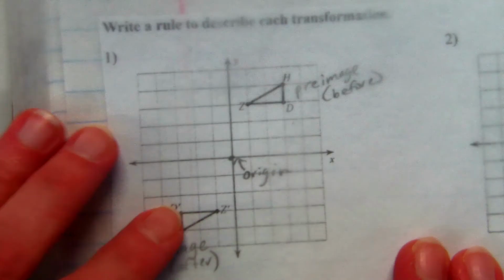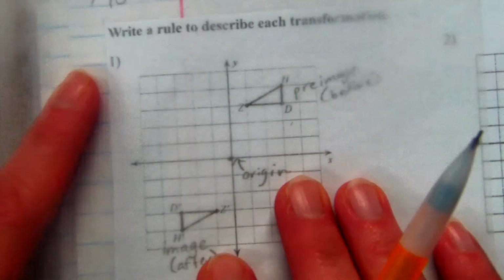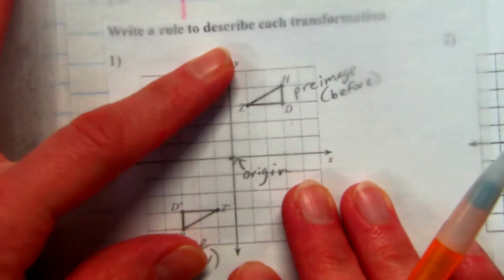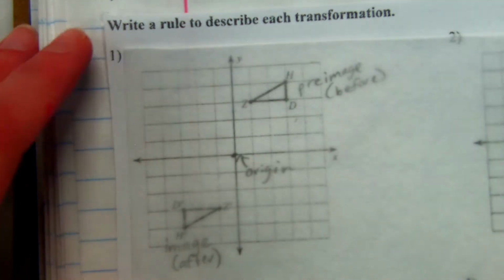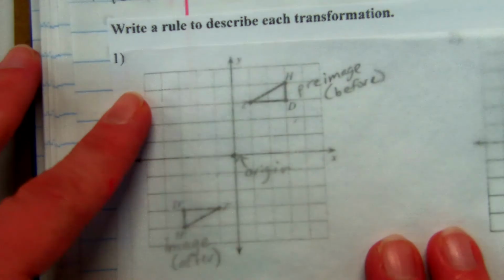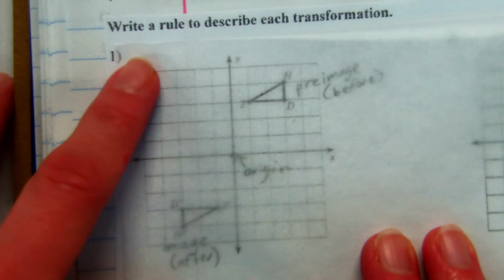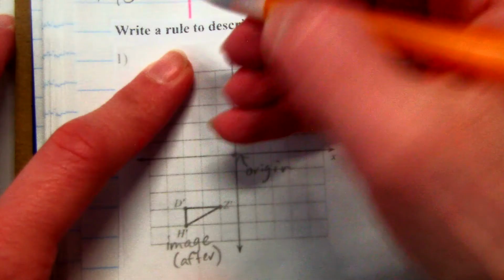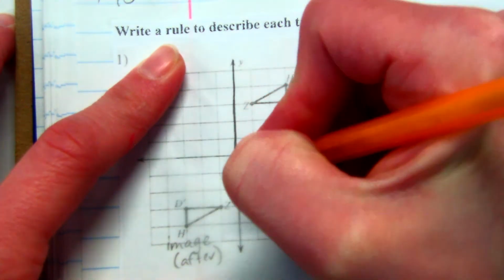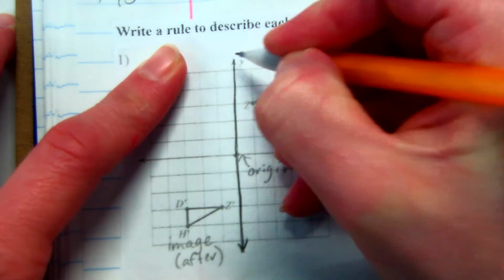All right, so what we're going to use patty paper for. We're going to put patty paper over this picture. You can see through it pretty well. It's just tracing paper, more or less. If you want to conserve, you could actually get 4 of these on one, and we can cut it. So I'm just going to put mine sort of on the corner here. And what we're going to do is we're going to trace the x and y axis somewhat carefully.